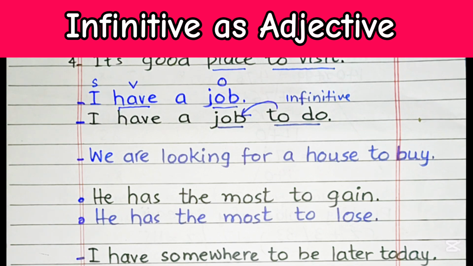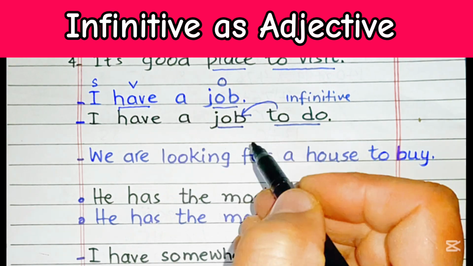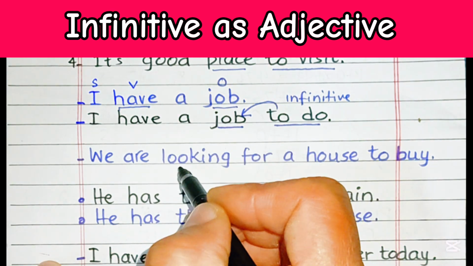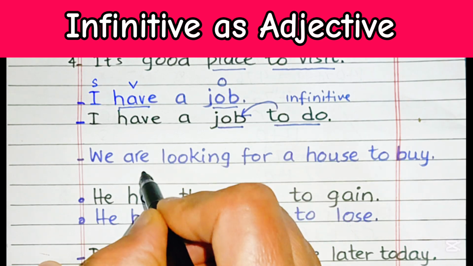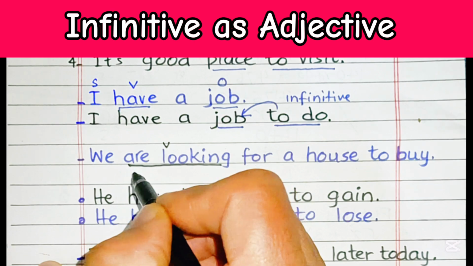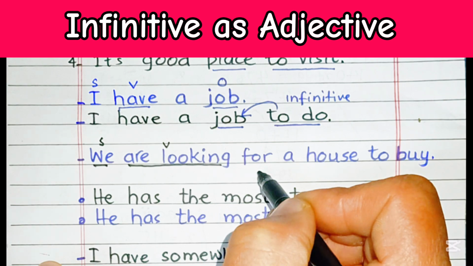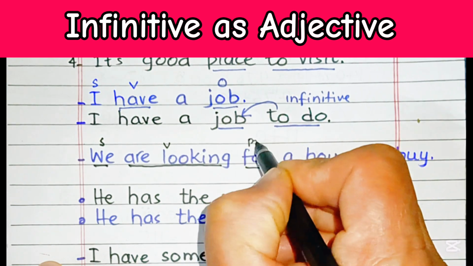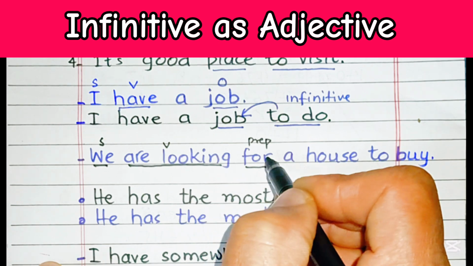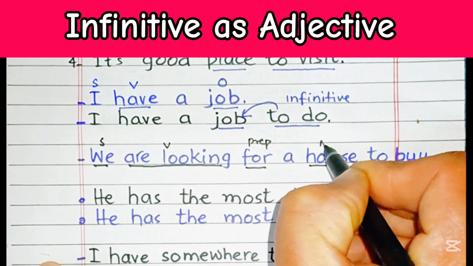Now look at another example. We are looking for a house to buy. In this sentence, the verb is in the present continuous tense. This is the verb, and the subject is we. Here is a preposition, for. And then the word house is a noun.